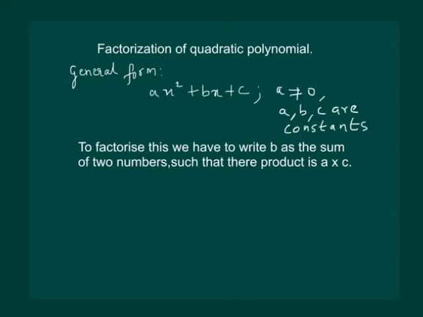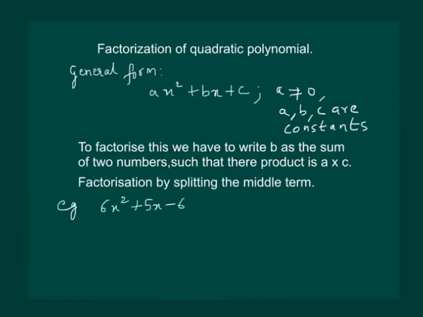To factorize such an equation, we have to write b as the sum of two numbers such that their product is a into c. So this method is called factorization by splitting the middle term.